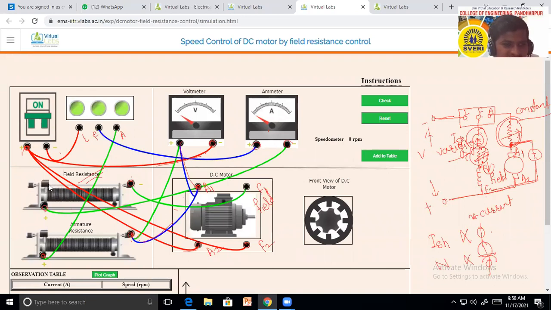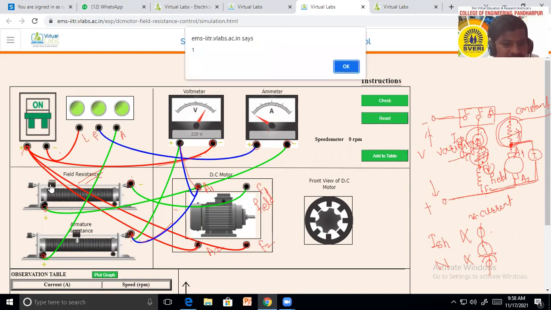So see, this armature resistance is kept at one point, the constant point.